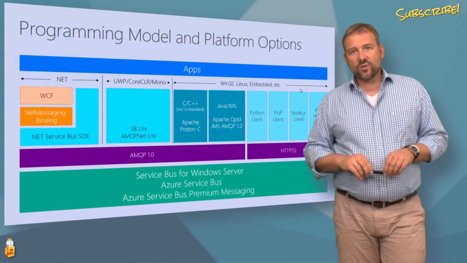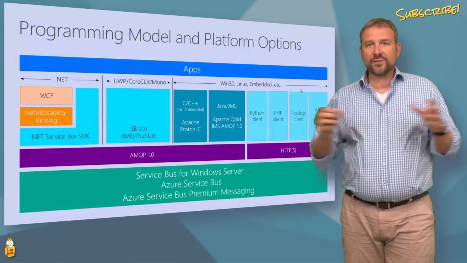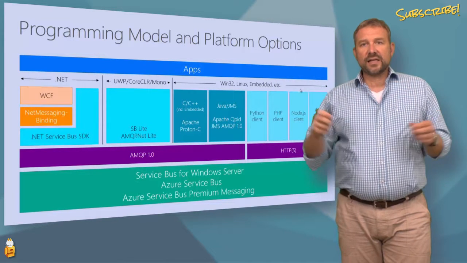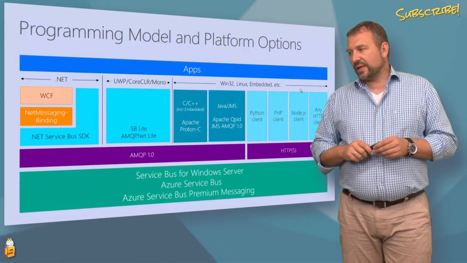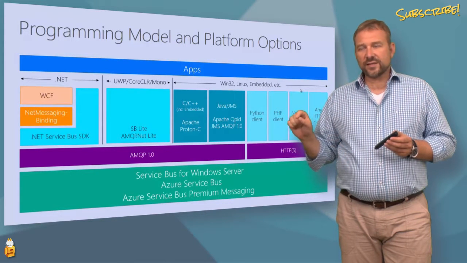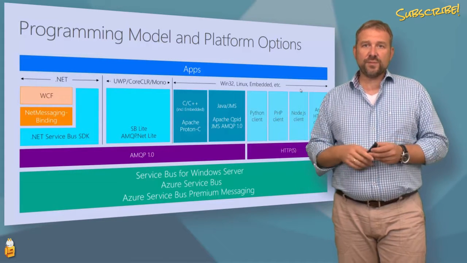Or in Java, or there's a whole host, which I haven't even listed, of languages from Go to Perl and PHP, etc., that let you target the AMQP library. If you don't want to use the AMQP library, if you don't want to take a dependency on this, there are bindings for HTTP. We have an HTTP protocol.